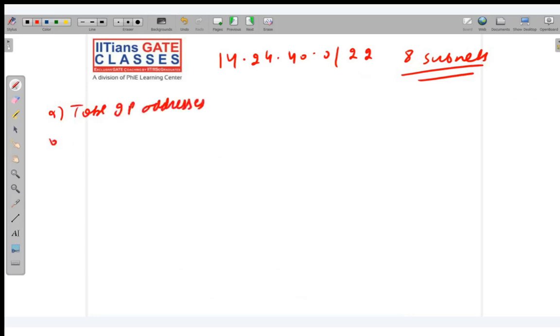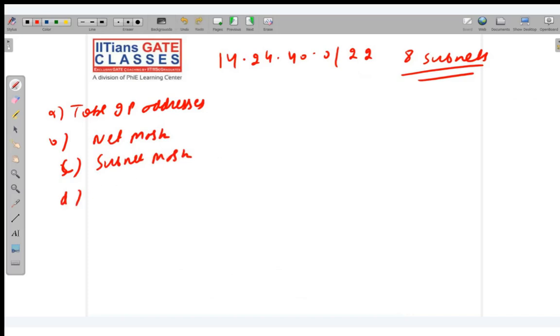Second question will be net mask. Third question will be the subnet mask. Fourth question will be total number of IP addresses in each subnet.